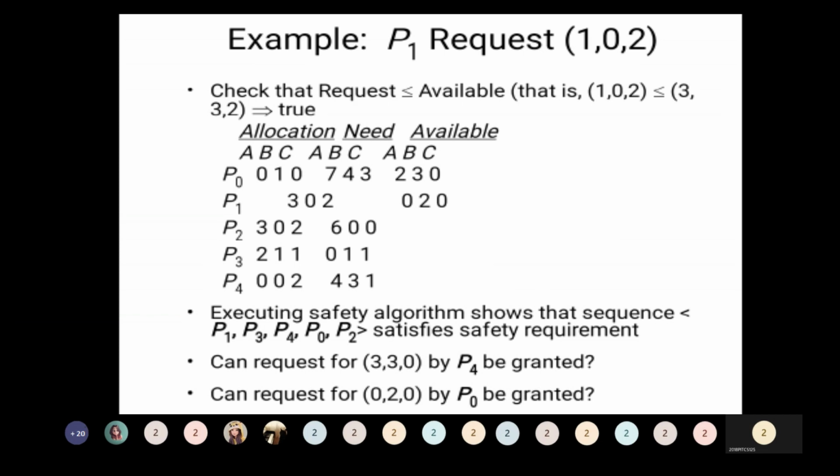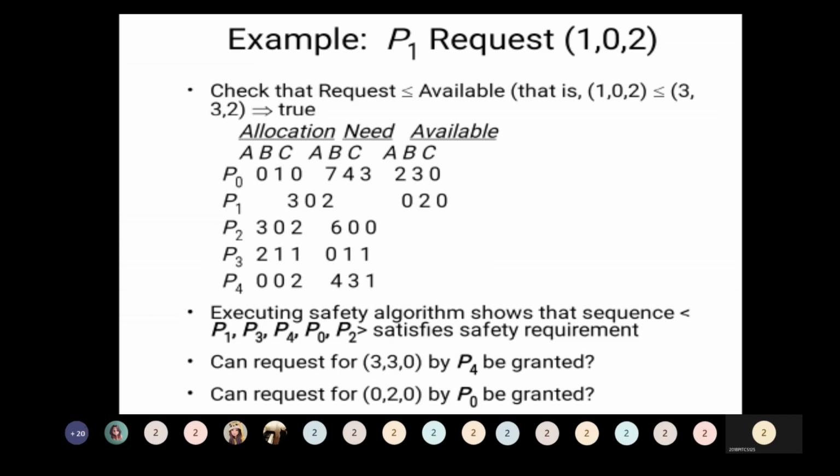If you allocate 1 0 2, your availability will change as 3 minus 1 is 2, 3 minus 0 is 3, and 2 minus 2 is 0. The new availability is shown here as 2 3 0.